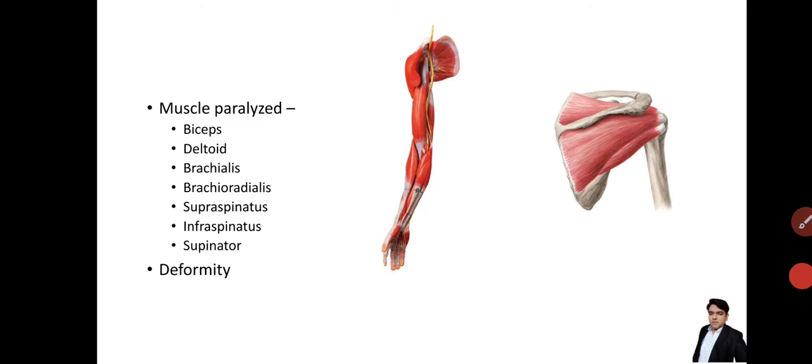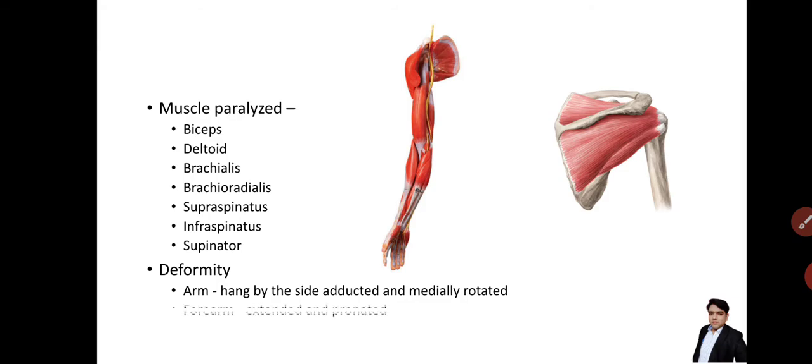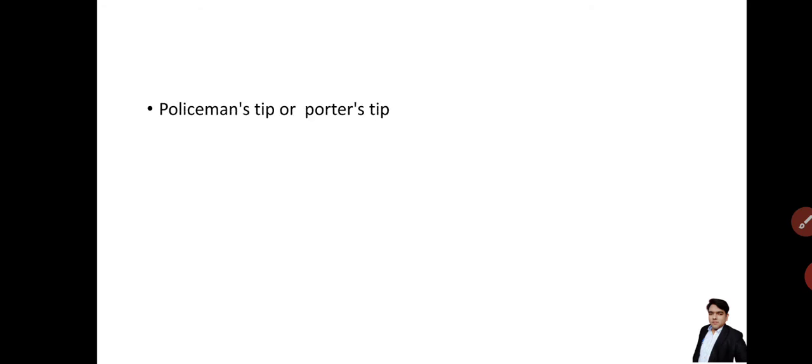Now the deformity: arm hangs by the side, adducted and medially rotated, and forearm extended and pronated. So this deformity is called policeman's tip or porter's tip.